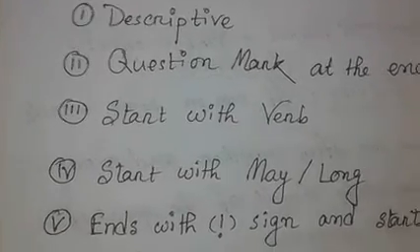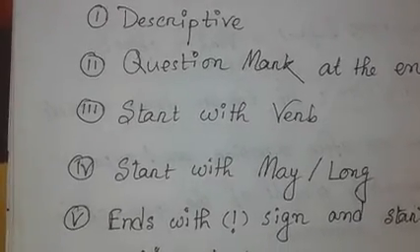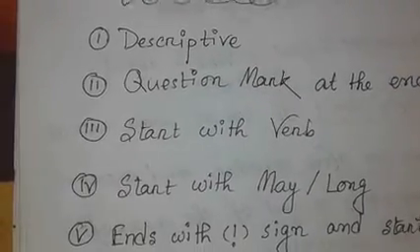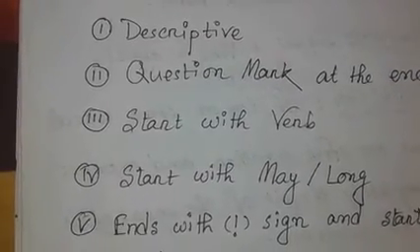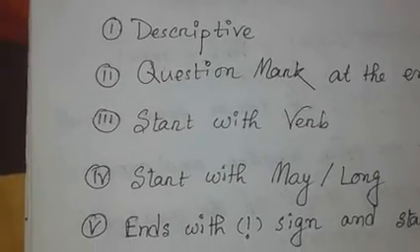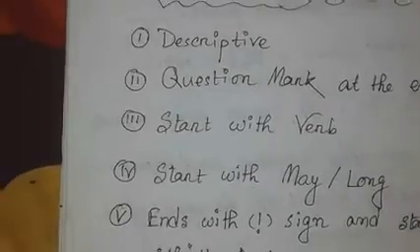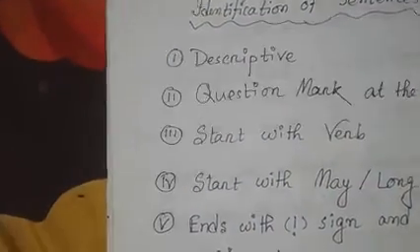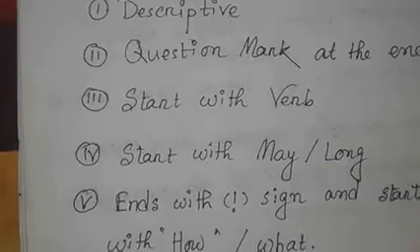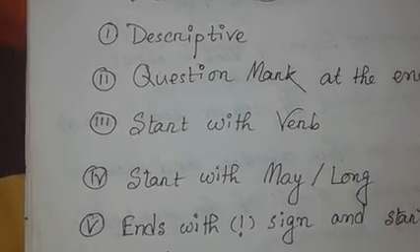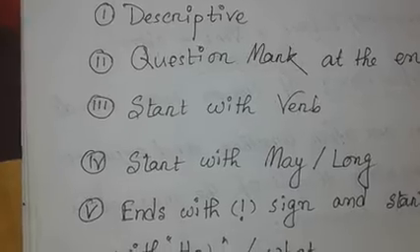Dear students, notice the first sentence I told you: how old are you? The sentence starts with the word how. You know very well that how is a question word, a WH word.